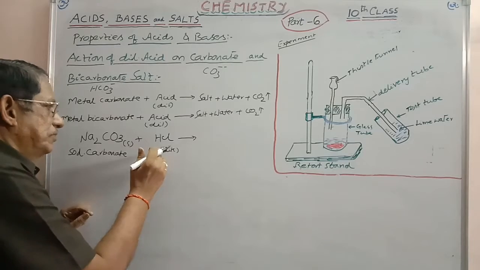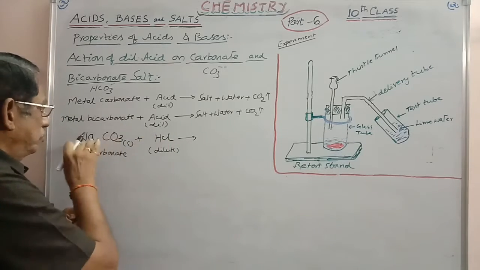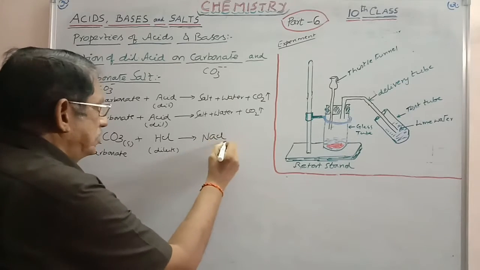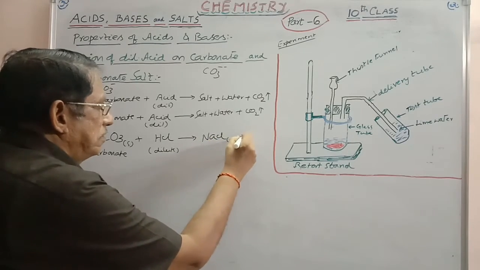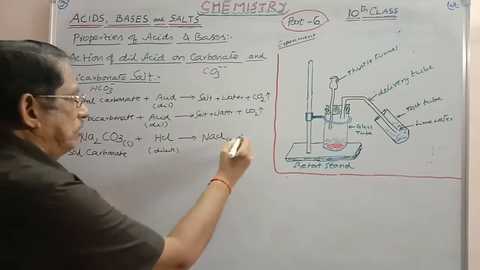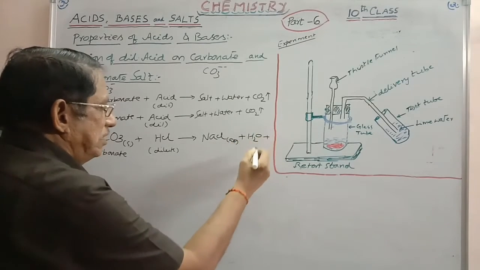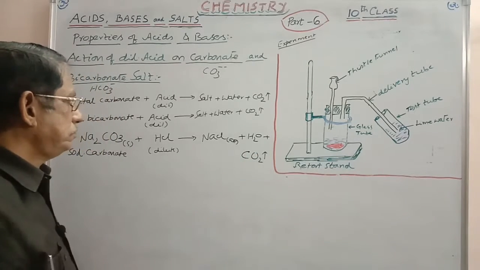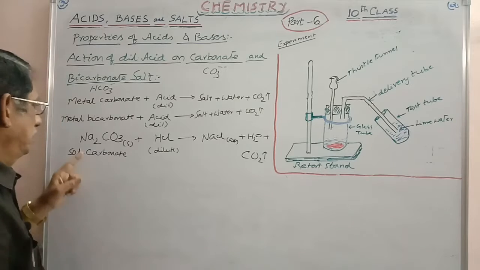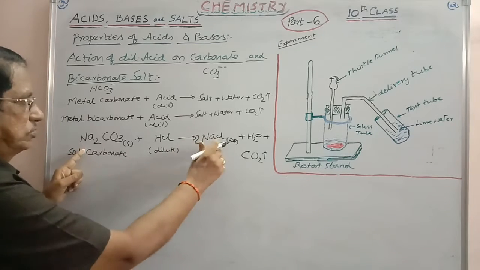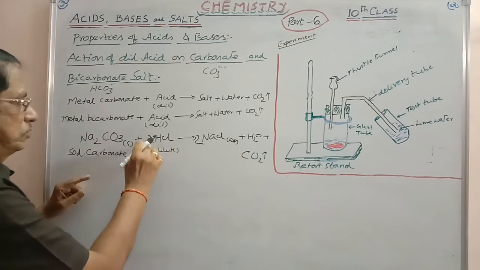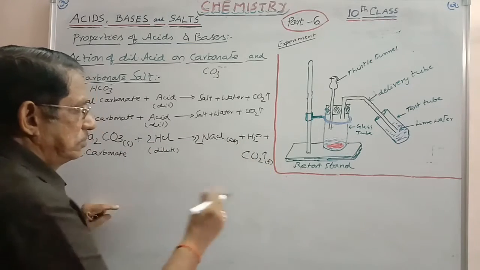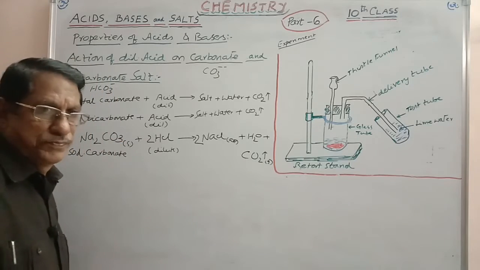So you will get here sodium chloride, NaCl, which becomes soluble as water is there, plus one more water, H2O, plus CO2. Here Na2CO3 plus 2 HCl gives 2 NaCl plus H2O plus CO2, which is coming out as gas. Right? This is the equation.